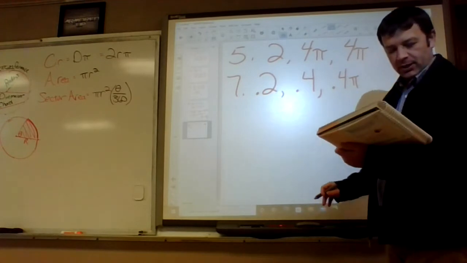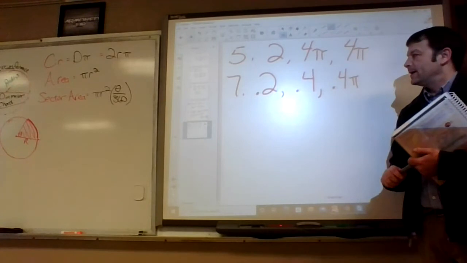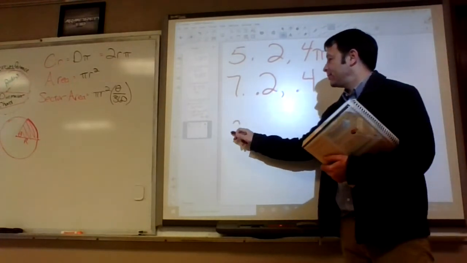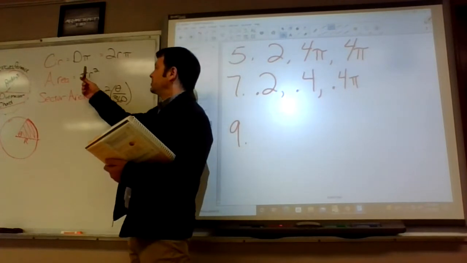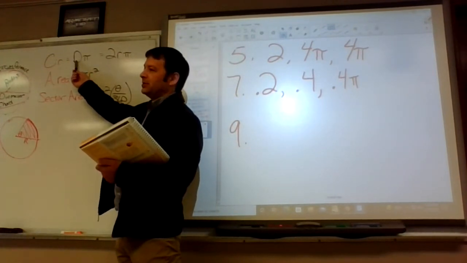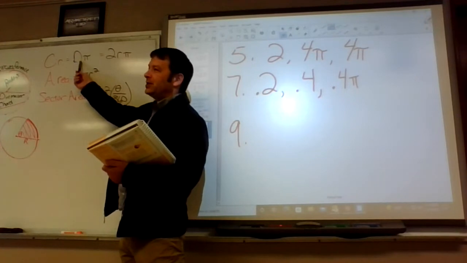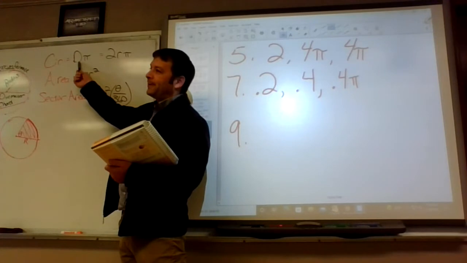Okay, number 9. They give us the circumference is 30 pi. If the circumference is 30 pi, then what is the diameter?